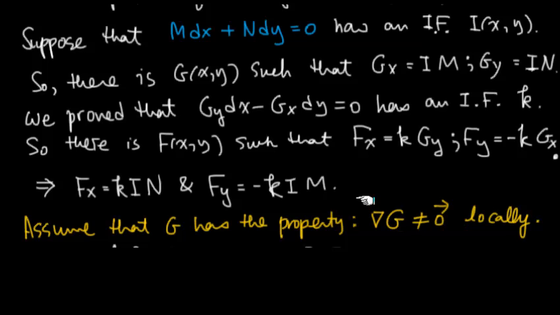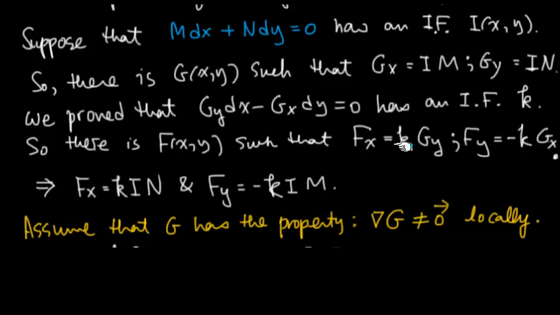For example, the curve does not have a cusp, a sharp turn, or self-crossing. If we have that kind of nice property, then it guarantees that the gradient is never 0 anywhere. So we assume that so that this I will never be 0. If I is 0, then g_x and g_y are 0, which makes both components of the gradient vector 0. So if we have that property, then we know this integrating factor never vanishes completely, and g_y and g_x are never at the same time 0.